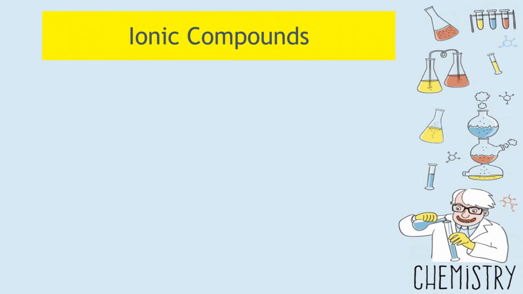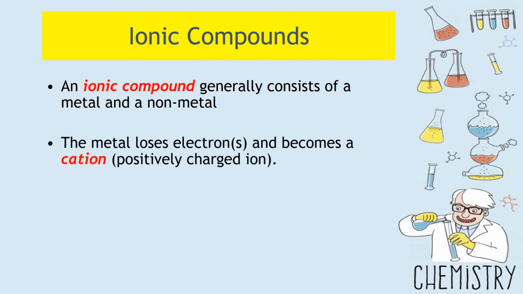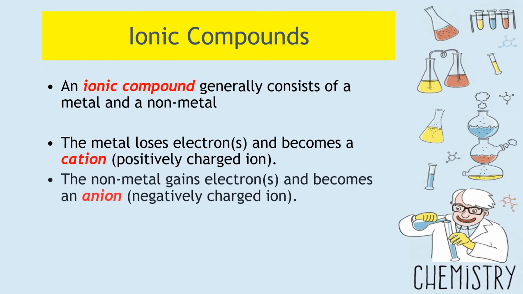Let's have another example of ionic compounds. When we say ionic compound, it generally consists of a metal and a non-metal. Always remember that the metal loses electrons and becomes a cation, or a positively charged ion.